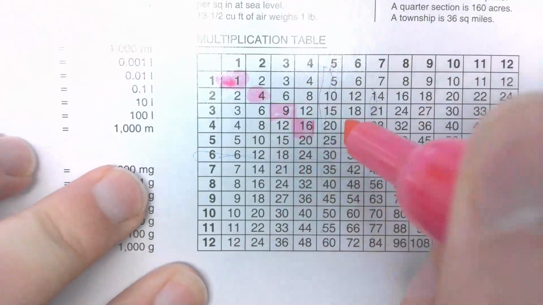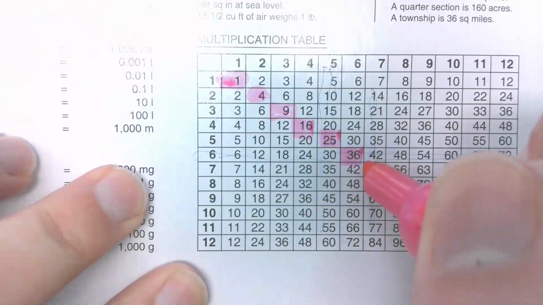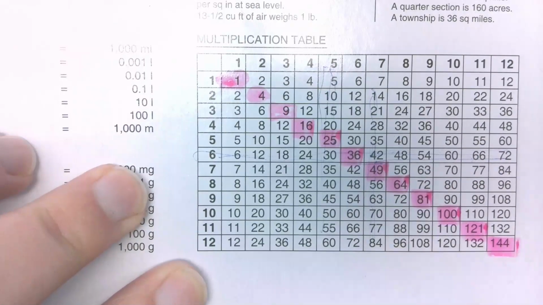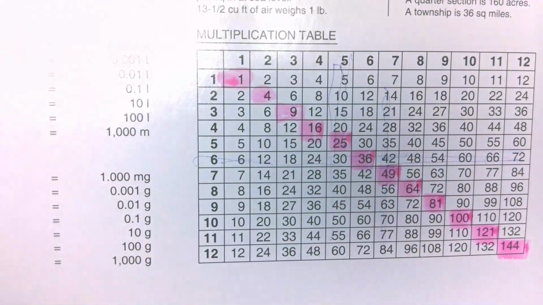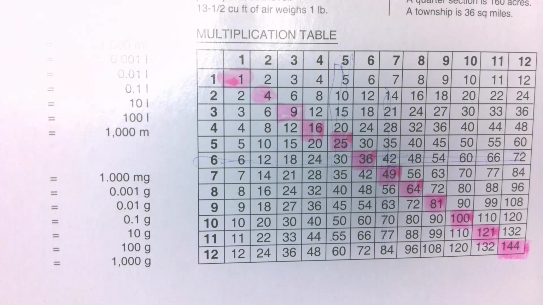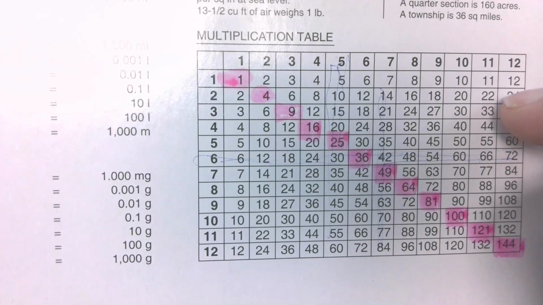Can you highlight the perfect squares on here? It would, actually. 0 counts as a perfect square. You guys got this? All right.